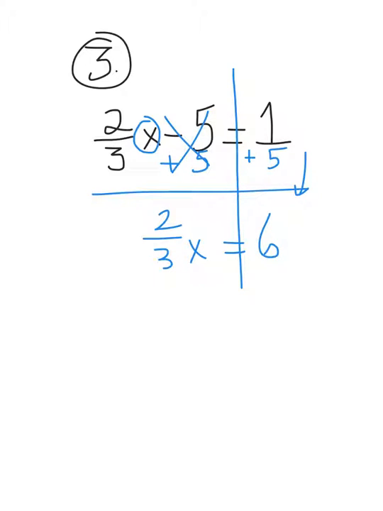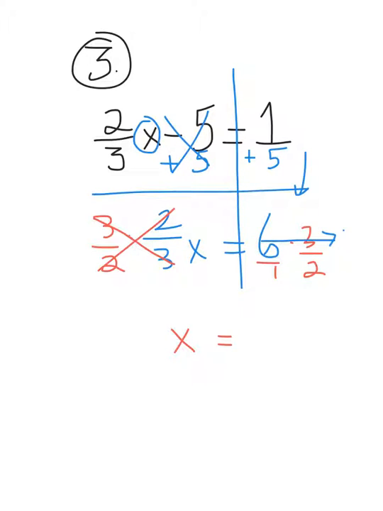Okay, when you have your fraction like this, we can cancel it out and turn it into a 1 by multiplying by the reciprocal on both sides of the equation. If I'm going to multiply by the reciprocal on the right side, I'm going to put that over a 1. Okay, so this here cancels out, and I'm left with an x all by itself. That's easy on that side. On this side of the equation, I'm going to multiply across.